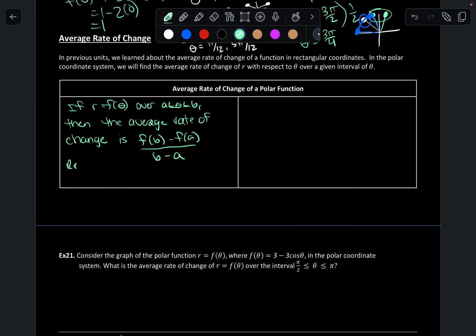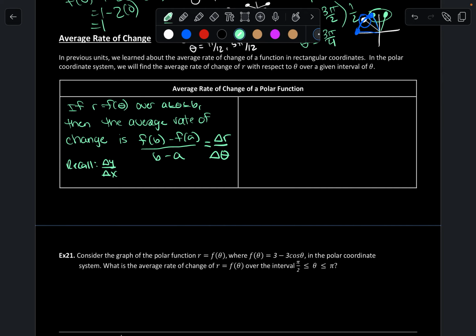So if you recall, this is exactly the same setup for delta y over delta x. However, since we are in polar, f of b minus f of a represents the change in the output. The change in the output in polar means the change in the radius from the start of the interval to the end of that interval. And then in the bottom, we have b minus a, which represents the difference with our input. That's going to be delta theta.